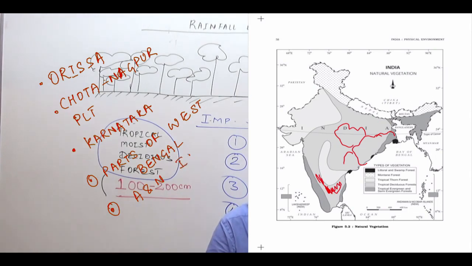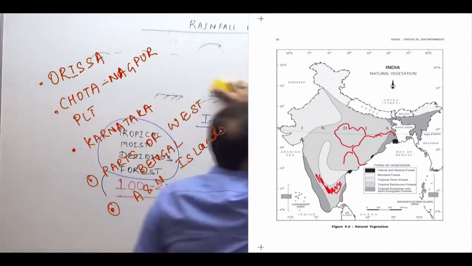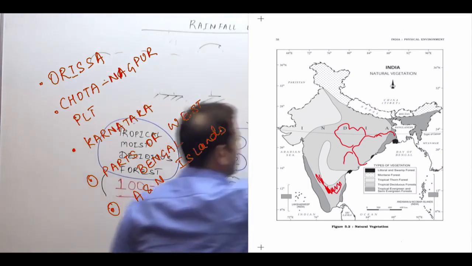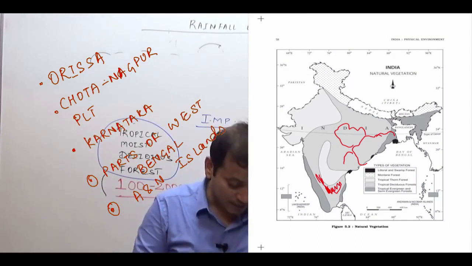Andaman and Nicobar Islands are the region of the tropical moist deciduous forest. What are the important species here?